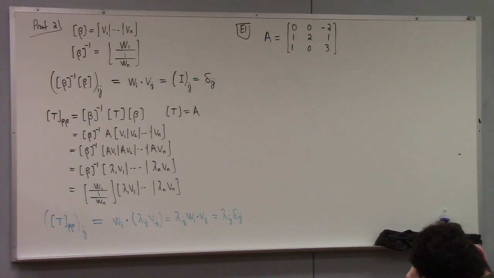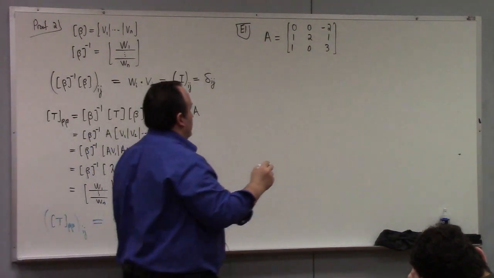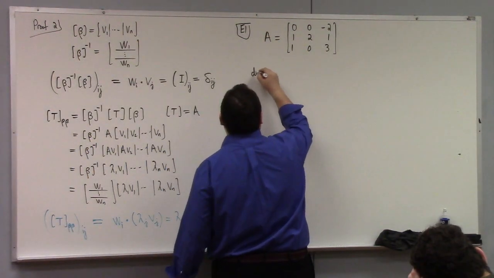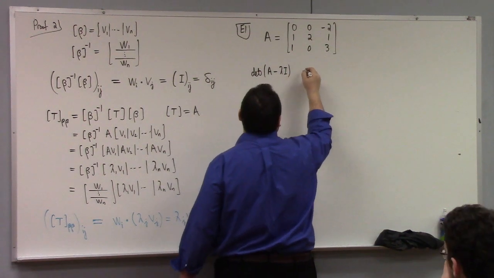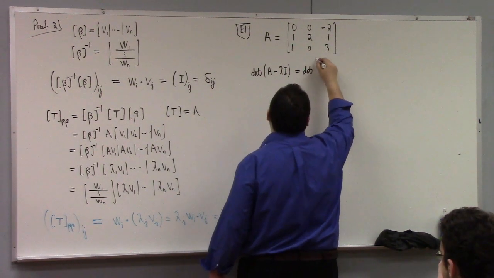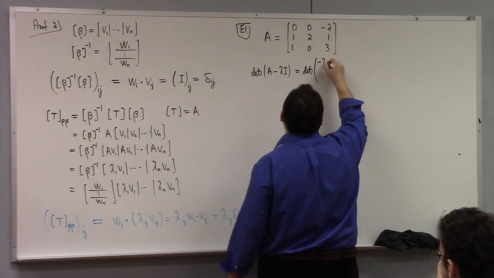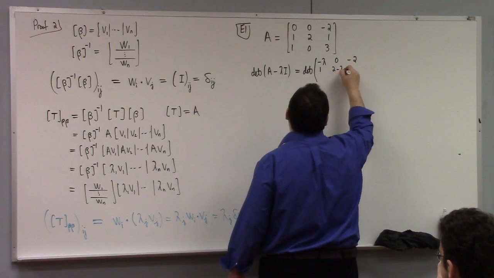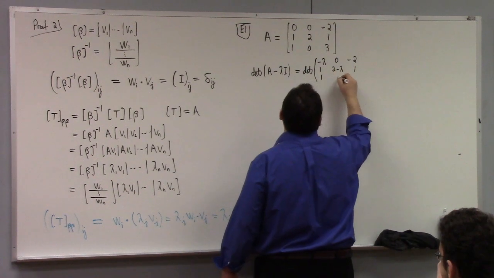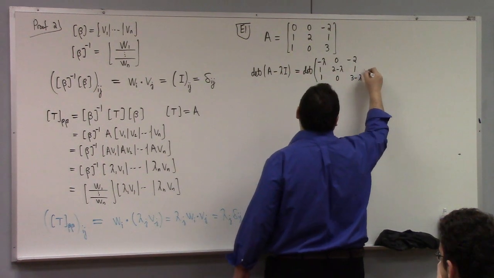All right. So what's our first thing we need to do? We should calculate the determinant of A minus lambda I, right? So that's the determinant of [-lambda, 0, -2; 1, 2-lambda, 1; 1, 0, 3-lambda].